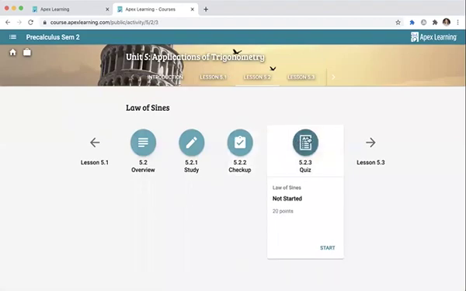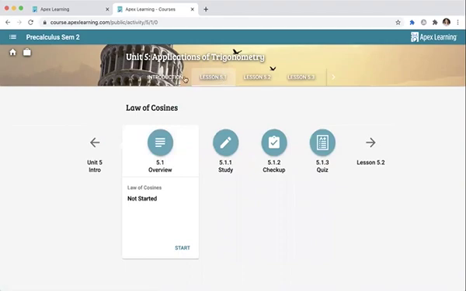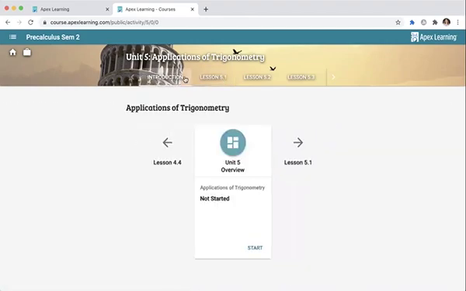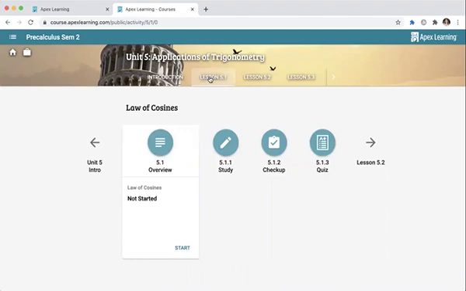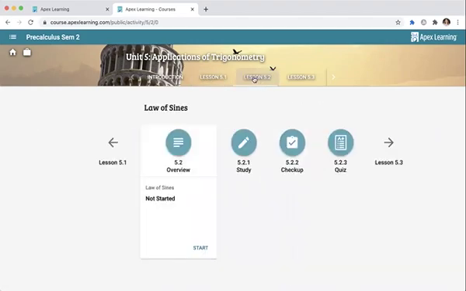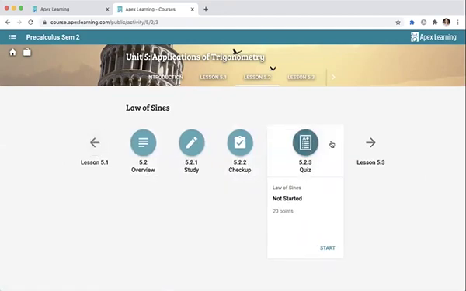So that kind of wraps up our lesson for today. Just to give you a reminder, we introduced ourselves to Unit 5, which is applications. Today you're responsible for 5.1, which has one quiz, and 5.2, which has one quiz. Again, go through it, do at least the practice problems within the study, try a couple checkups before you get here, because we only have these two quizzes.